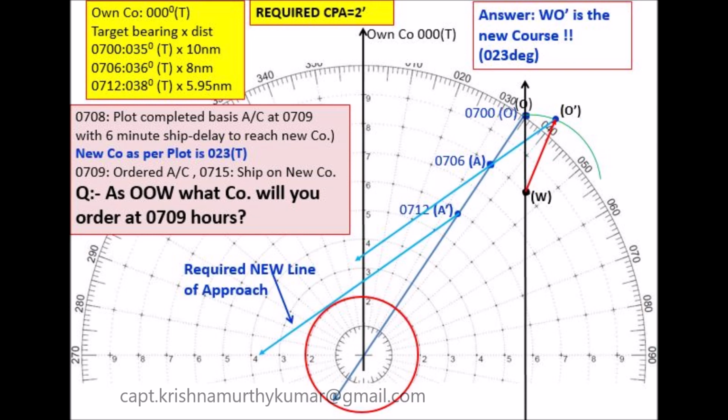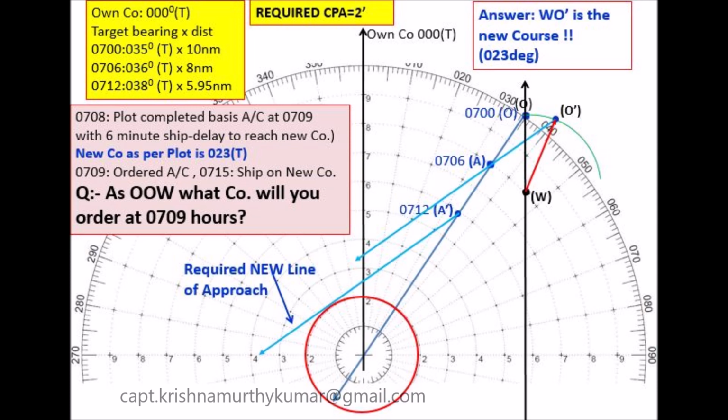The required CPA is 2 miles, and you have completed the plotting within 2 minutes, and you estimate to alter course at 0709, and it will take 6 minutes for the ship to complete the alteration.